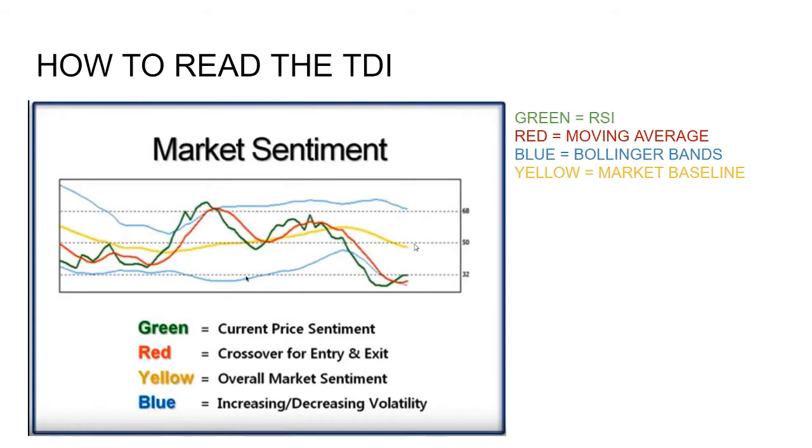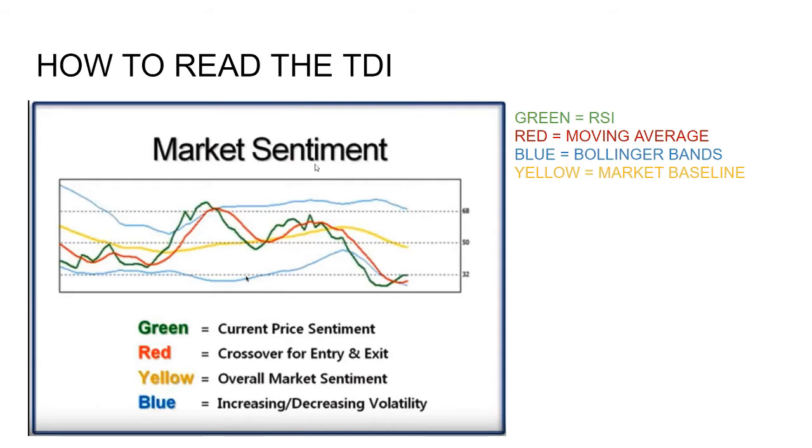Also, what I want to talk about are these numbers right here to the side. Like I said, we won't be talking about the TDI today. Well, we kind of are, because you need this indicator for this method. So we're going to briefly go over some things about it.